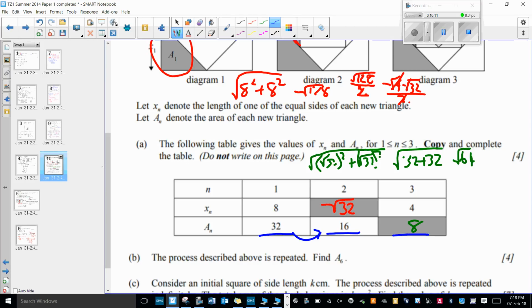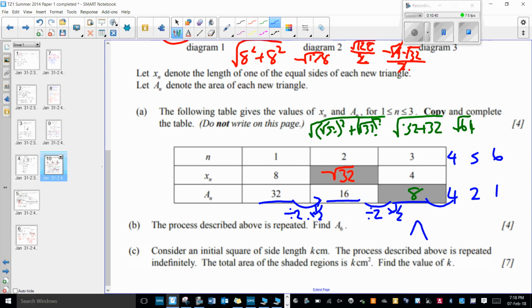Remember, another way of saying dividing something by 2 would be multiplying it by half. So we would say that the fourth value would be 4, the fifth value would be 2, the sixth value would be 1. So we know that A6 is 1.